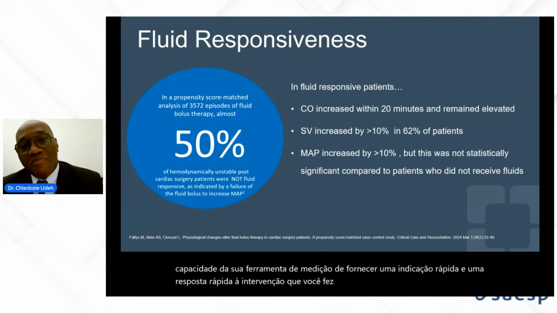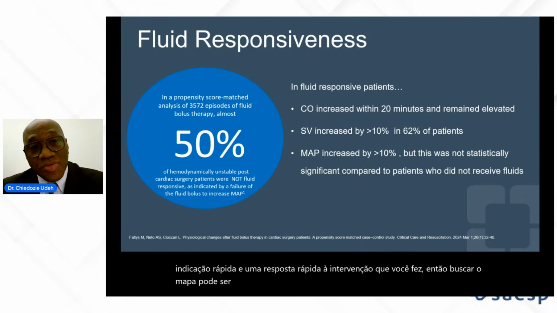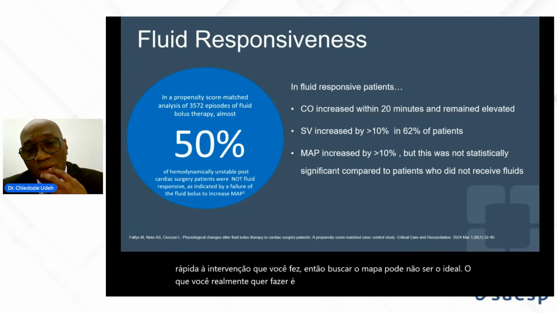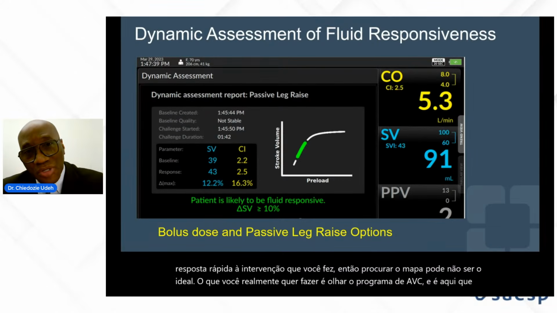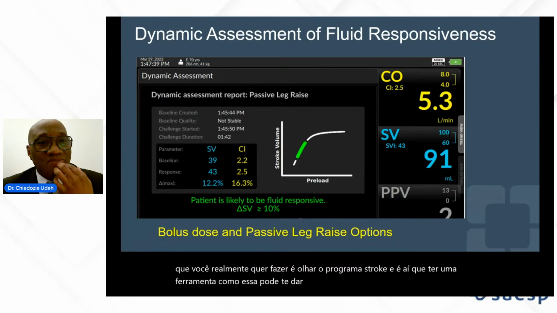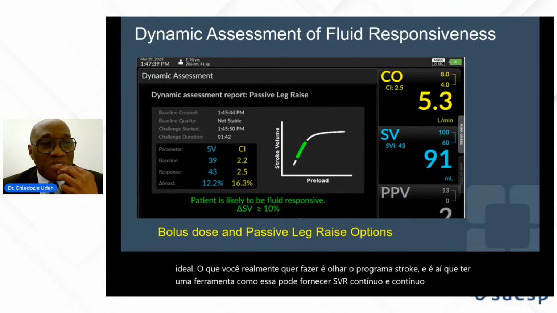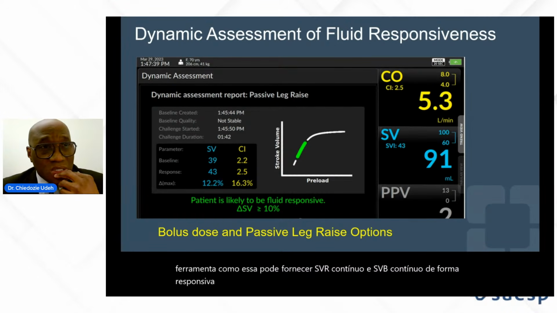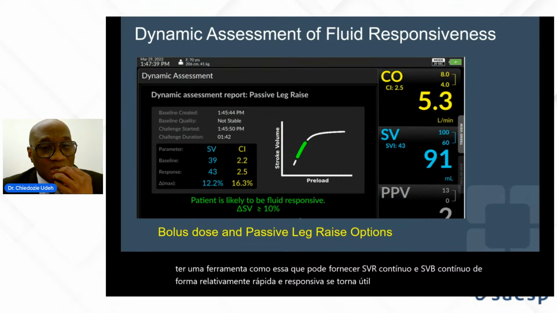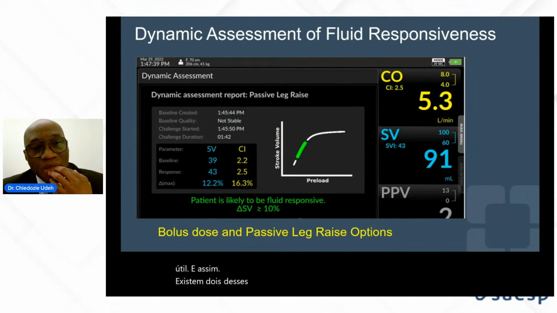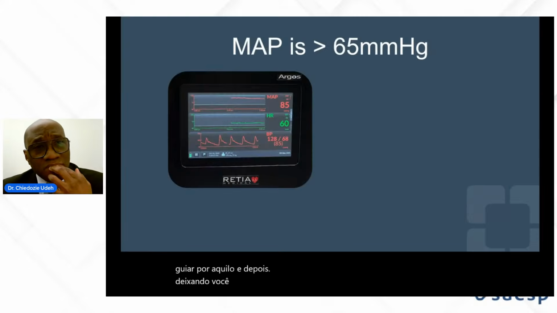So looking at the MAP might not be ideal. What you really want to do is look at the stroke volume. And this is where having a tool like this that can give you continuous SVR and continuous SV in a fairly rapid, responsive way becomes useful. This Argos does have a way of guiding you through that and then letting you know what the response is.